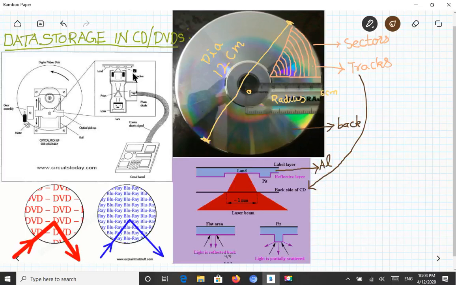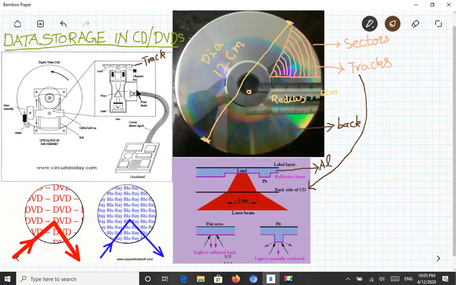These are the tracks, we will call them tracks, right? The tracks that have been written are shown here also. These are the original tracks, and the laser light is reflected from them, and this is the photodiode.